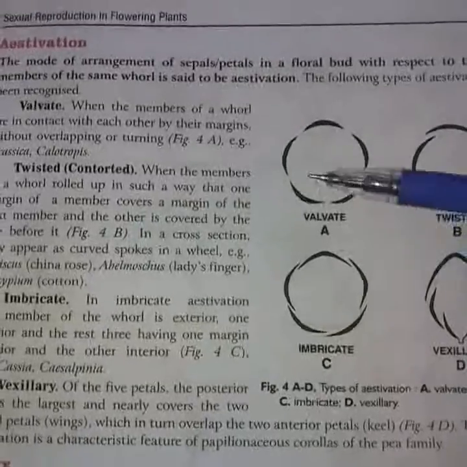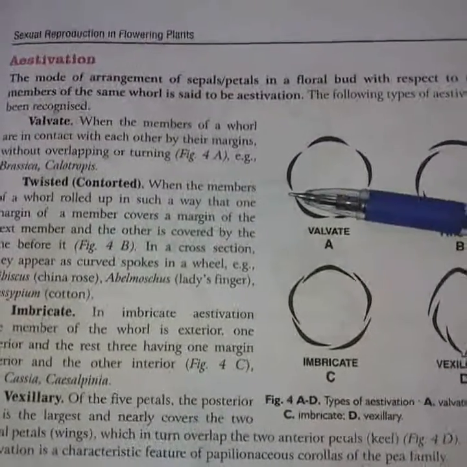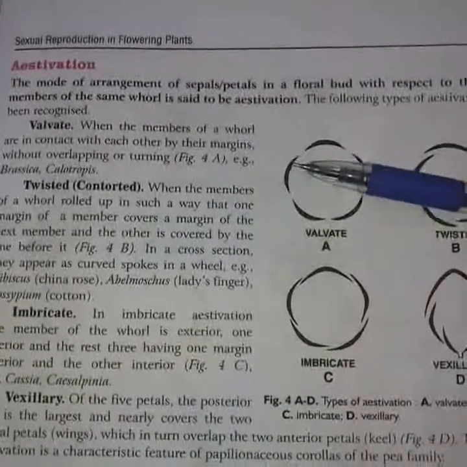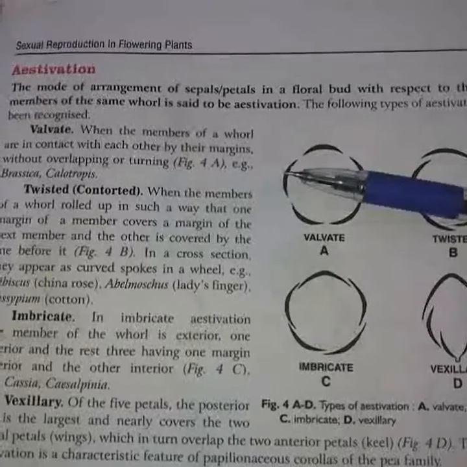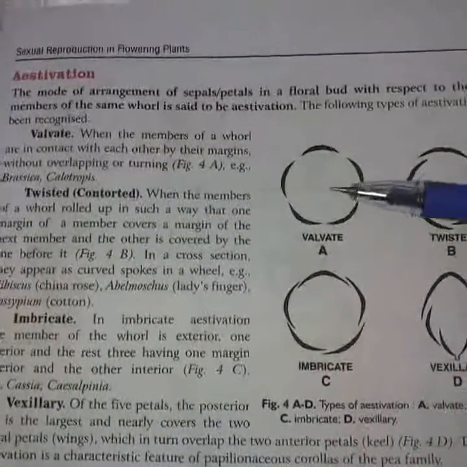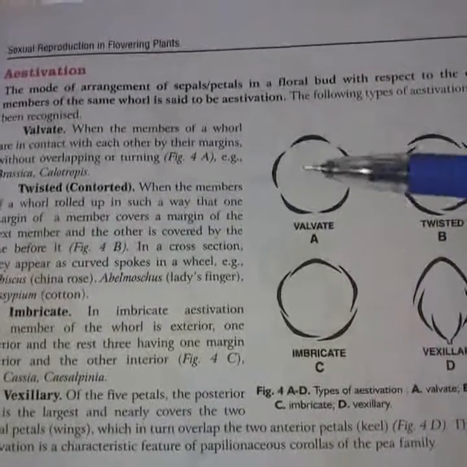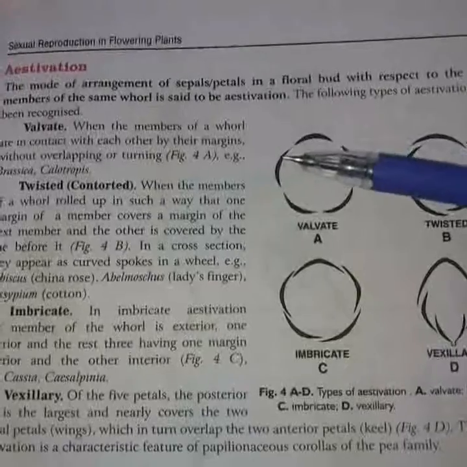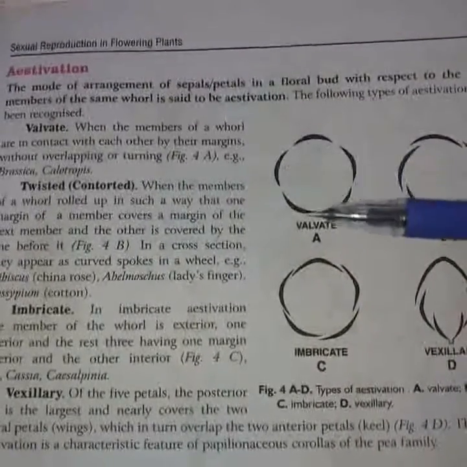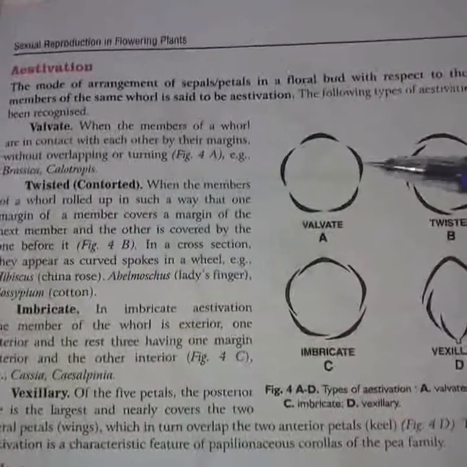So in this structure, these are the petals or sepals. If we guess these are petals, then it is petals, and if we guess it is sepals, then it is sepals. Estivation is present in both sepals and petals. Mostly the number of petals or sepals is 5 or 6 or many.